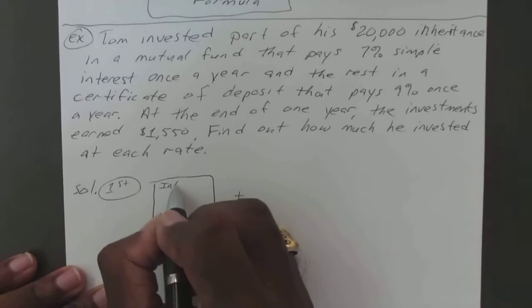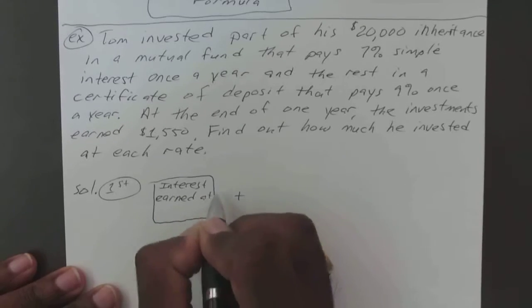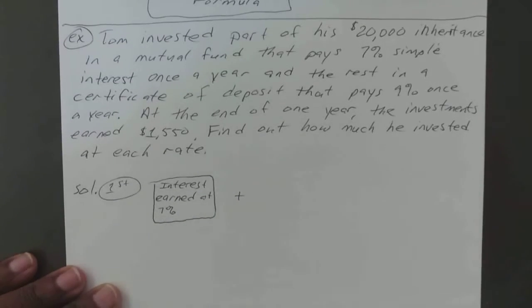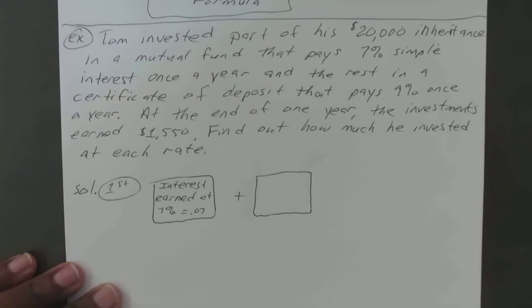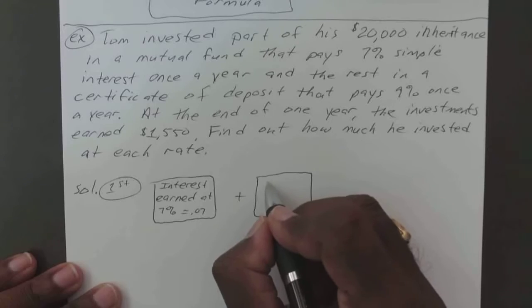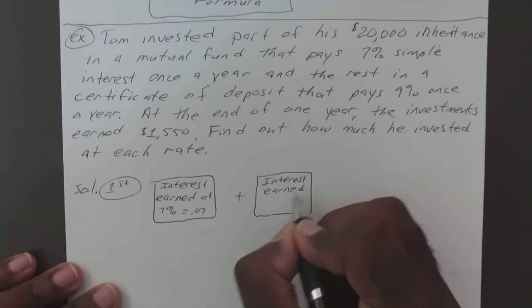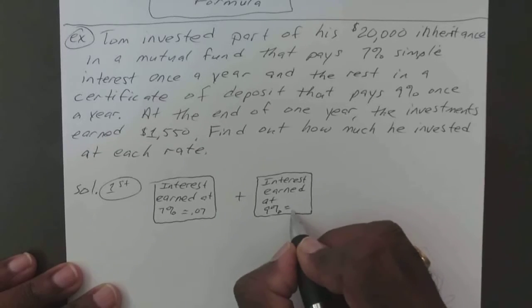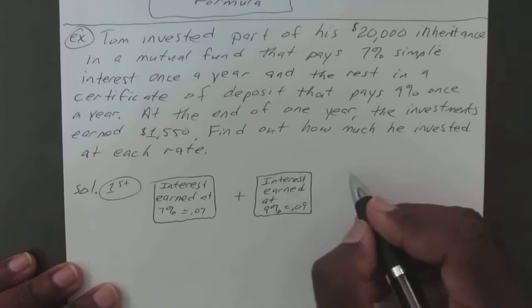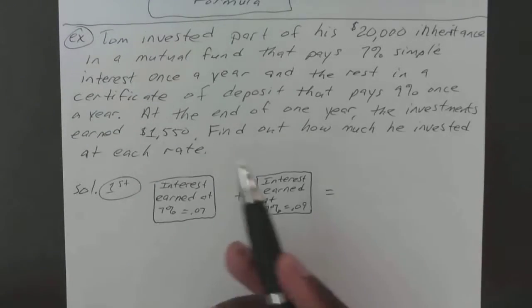The interest earned at 7%, which we know is 0.07 since we're going to convert it anyway, plus the interest earned on his investment at 9%, which is 0.09 once we plug it into our formula, is going to equal $1,550, because that was how much total he made from them.